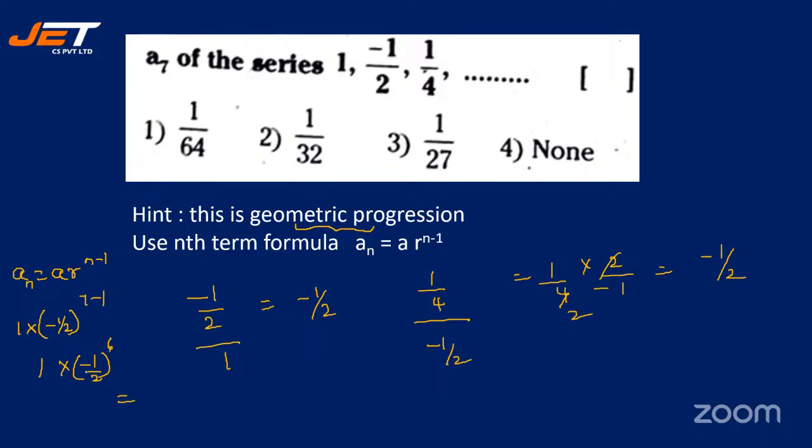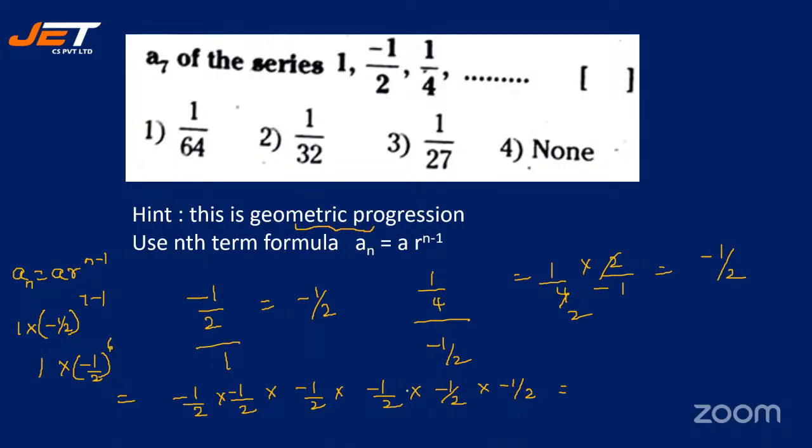So you can leave the 1. So 1, 2, 3, 4, 5, 6. Since it's a small number, we are able to do it. Minus into minus is plus, plus into plus is plus, plus into plus is plus.